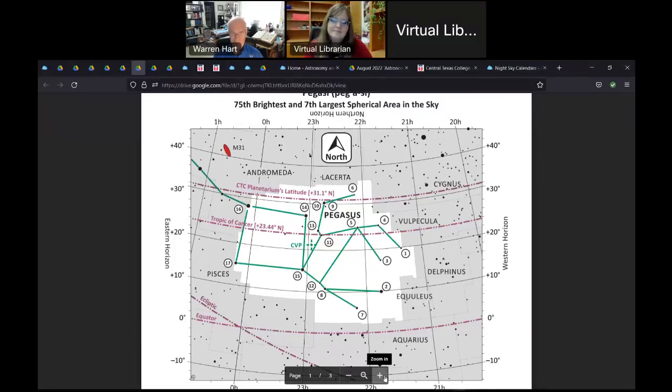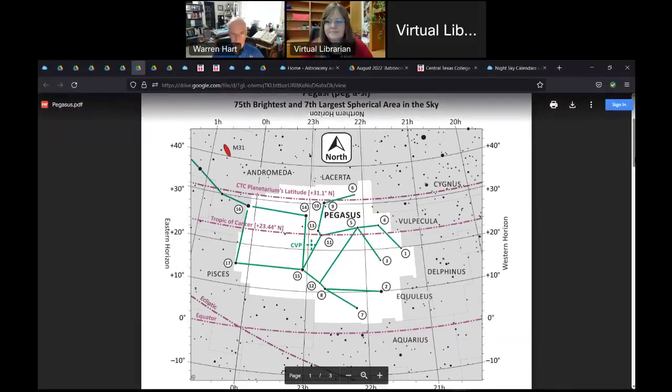Look above it. Right there is Lacerta. Okay, so we're getting an idea. We have a bunch of different lines on here. We have our latitude come down. There's the Tropic of Cancer right in the middle of it. We go on down, and there is our ecliptic and our equator also.